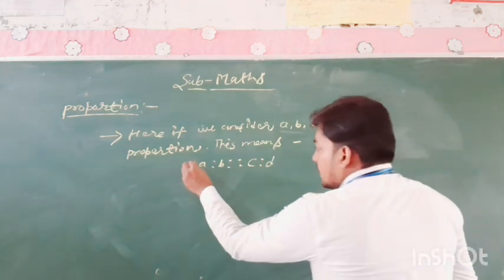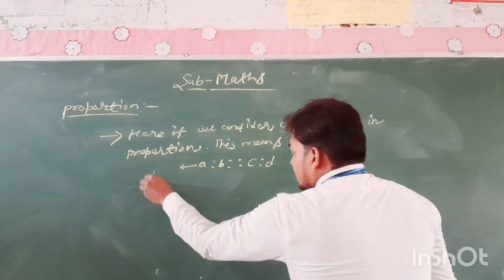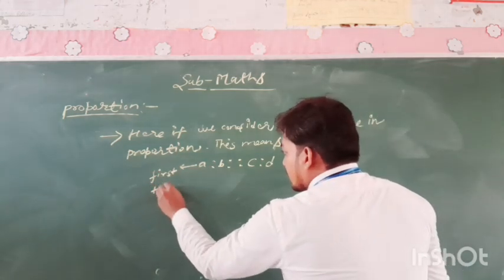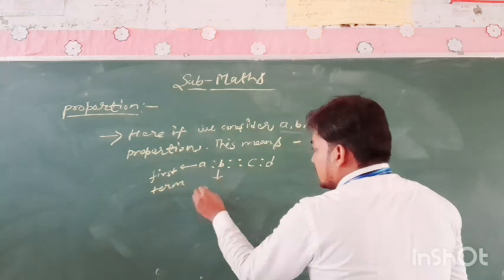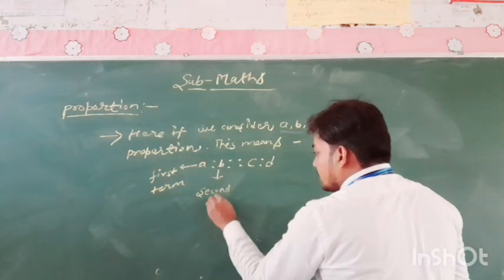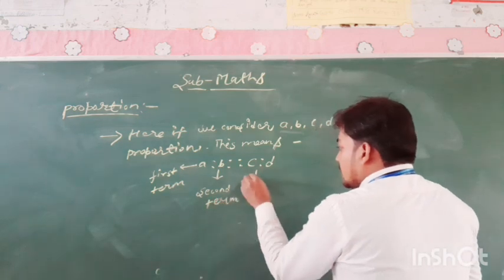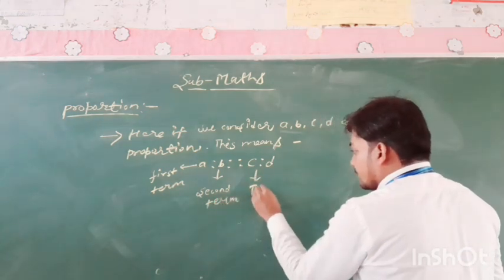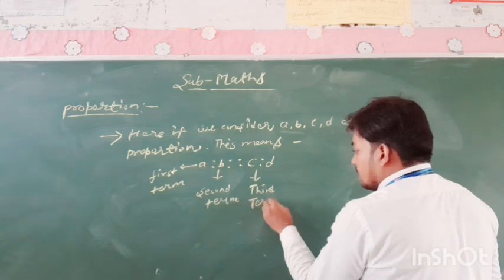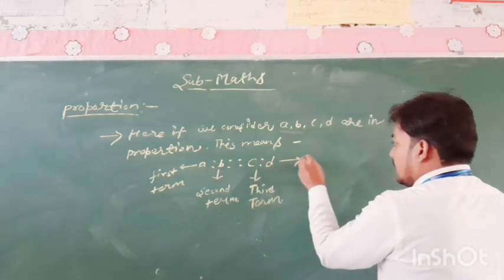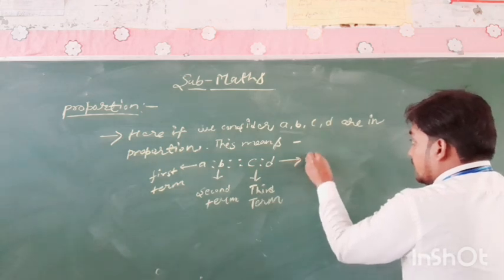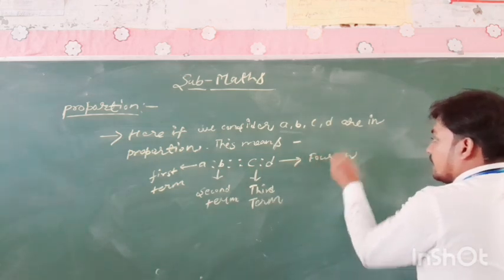In this case, A is the first term, B is the second term, C is the third term, and D is the last term, the fourth term.